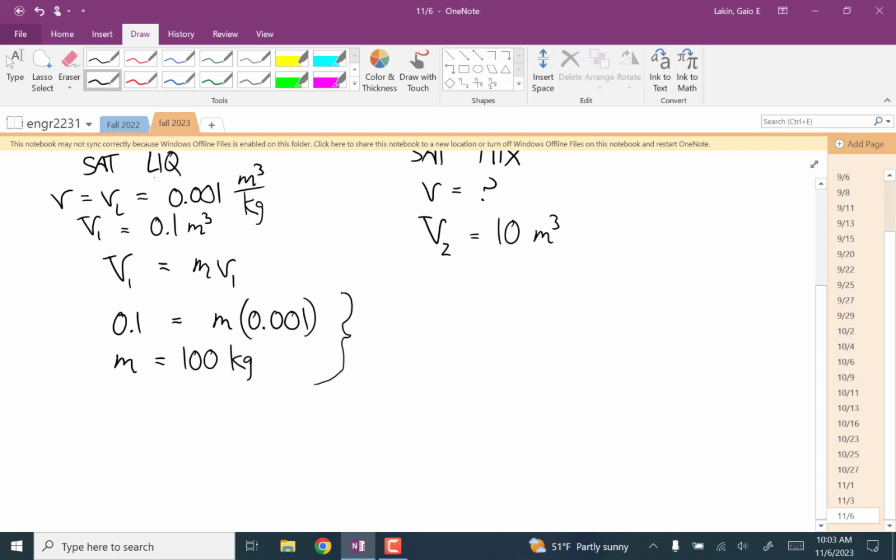And so now we can use what we know about the mass to say that, since it's the same material, no material's gone anywhere, 10 is equal to 100 times the specific volume at 2. And so the specific volume at 2 is equal to 0.1.